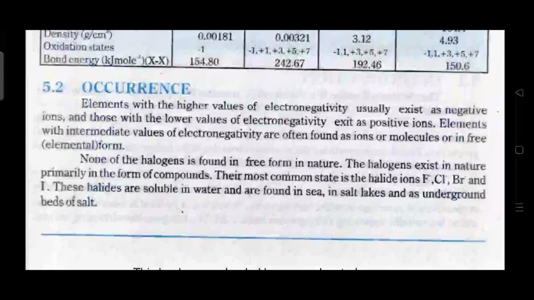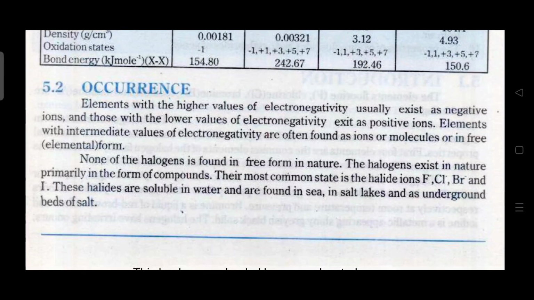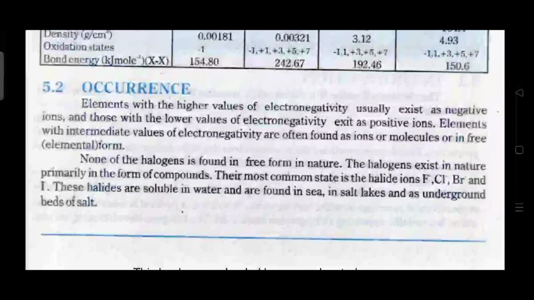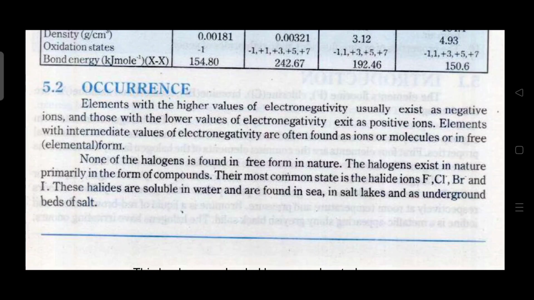They are usually found in the form of halides, which are fluorides, chlorides, bromides, and iodides, having the formulas F negative, Cl negative, Br negative, and I negative. These halides are generally soluble in water. They are also found in the sea, salt lakes, and underground beds of salts. This is all about the introduction and the occurrence of the group 7 elements.